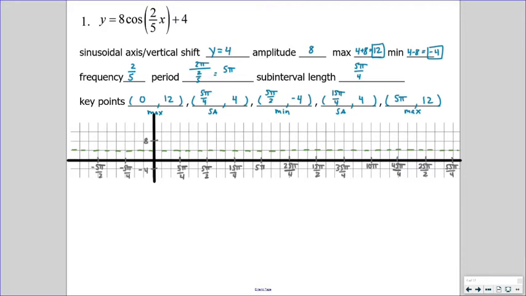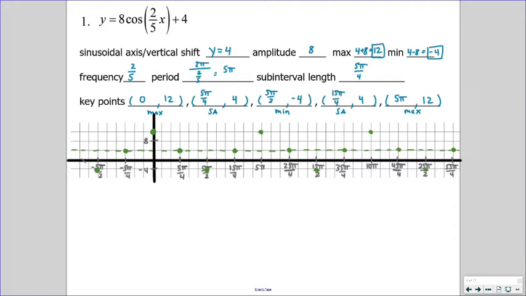So let's get started. Cosine here is going to start at its maximum, which is 12. And then sinusoidal axis, minimum, axis, maximum, and I'm just going to follow that pattern for all of those values that I marked along the x-axis. And then I'm going to make sure that I go backwards to graph those negative points.